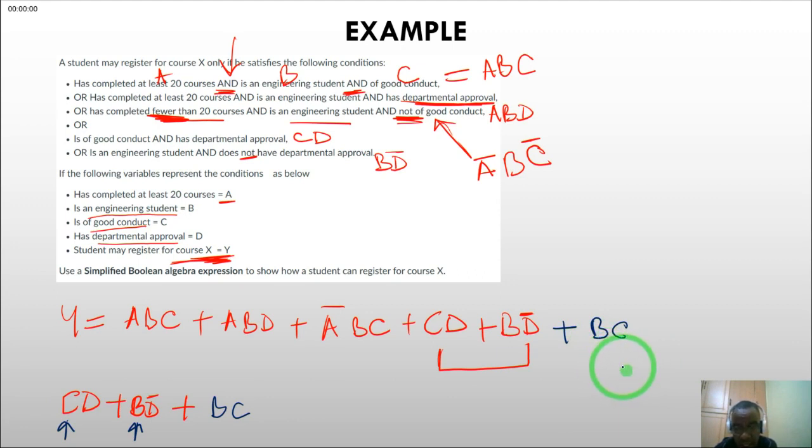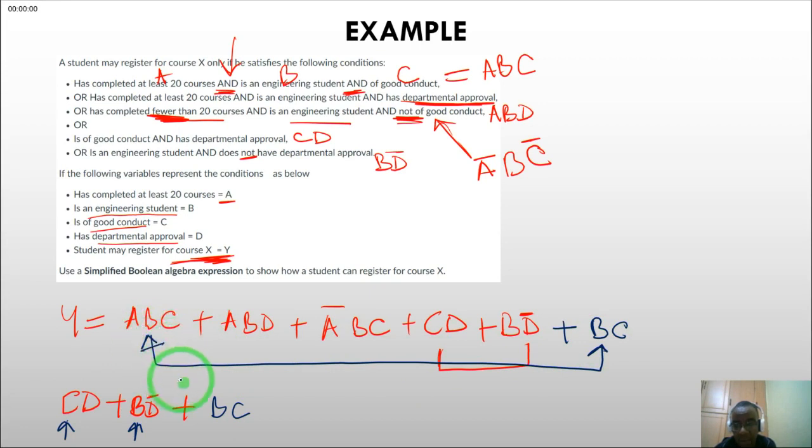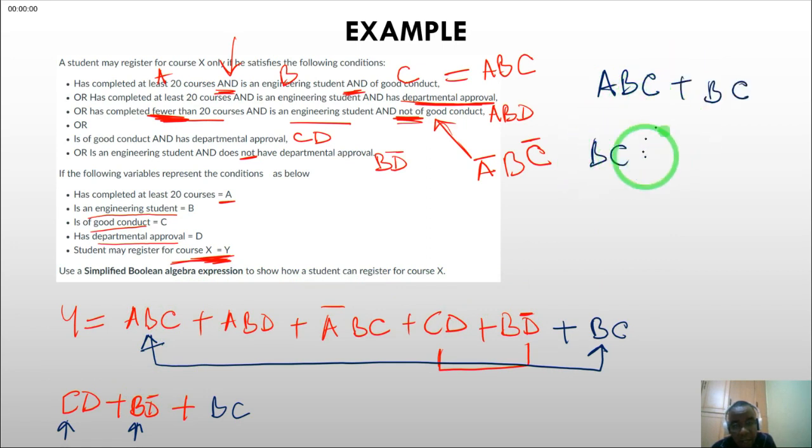So we can now introduce BC as a term here, which we have seen can be dropped or introduced using the redundancy theorem. So with that, we can observe now that this term and this term have two common variables, B and C, and therefore if we factor out B and C in ABC, we will have A or 1, which we have already observed is equivalent to 1.